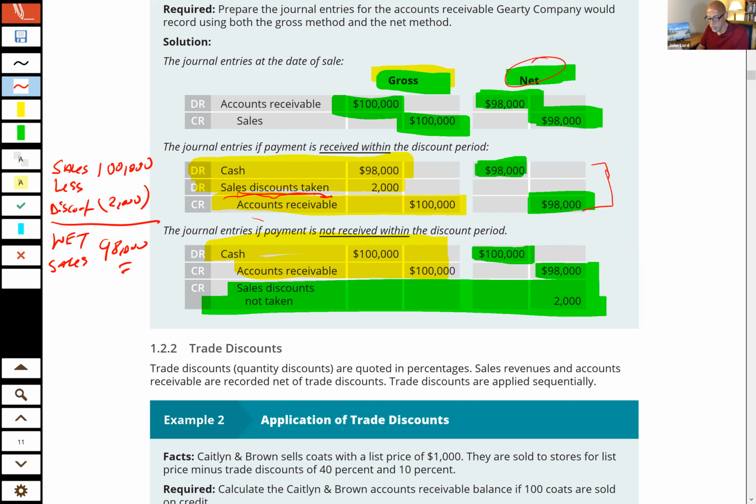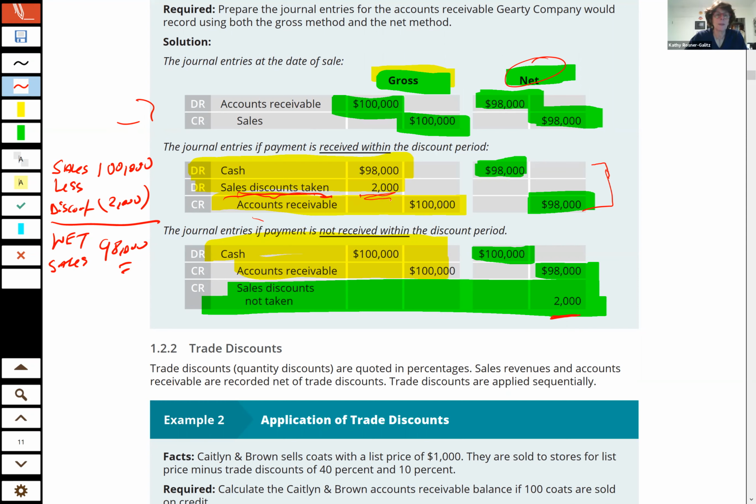You lose visibility under the net method of whether or not customers are taking the discount. I guess what you're seeing here is those customers that didn't take the discount and how frequently that happened. But I find the gross method cleaner, to be honest with you, because I'd want to know this.